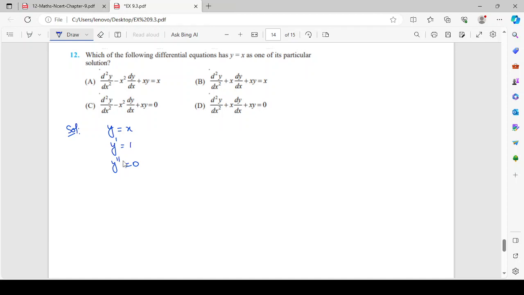Okay. So first let us go with option A. y double dash minus x square y dash plus xy equal to x or not, let us check. So I am considering the LHS part. So y double dash is 0.